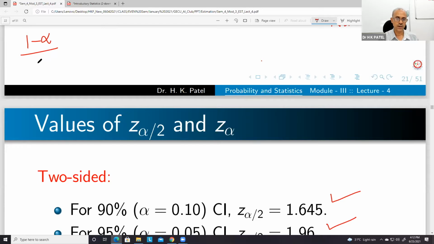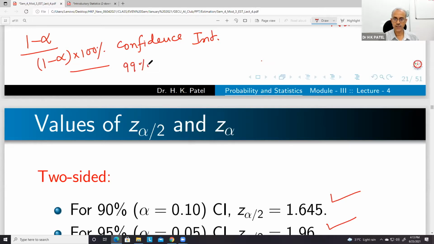For this confidence level we find 1 minus alpha into 100% confidence interval. Generally we find 99% confidence interval, 95% confidence interval, 90%, or in between any number can be taken.